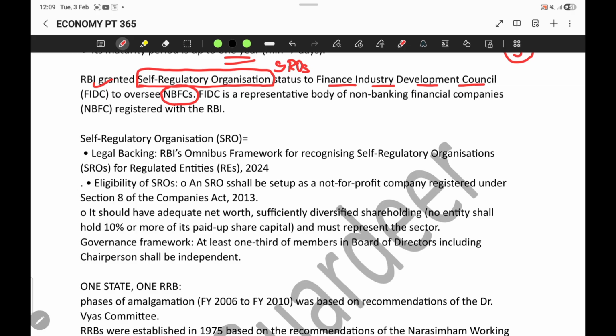It is a representative body of non-banking financial companies which are registered with the RBI. Okay, the FIDC is registered with the RBI. So these two things are important. What it oversees is NBFCs, it is registered with RBI, and it is a self-regulatory organization. Three key points. Note these things.